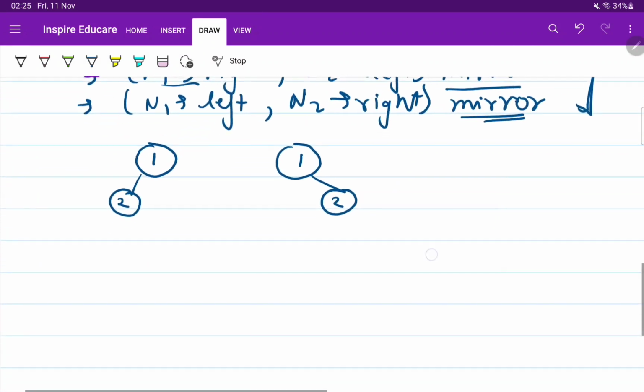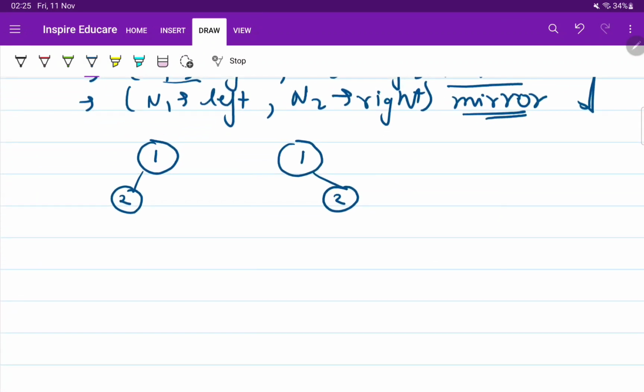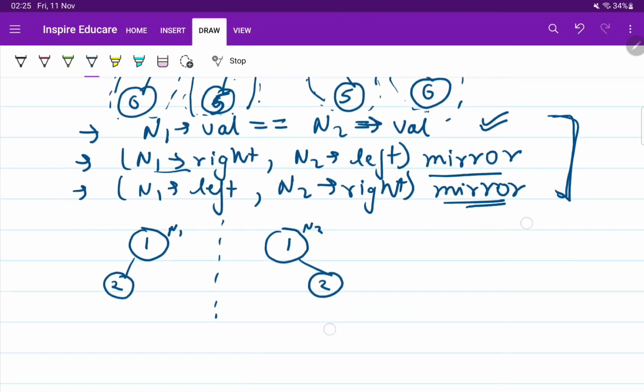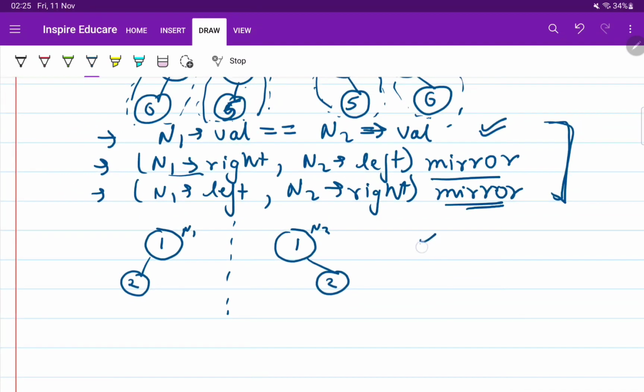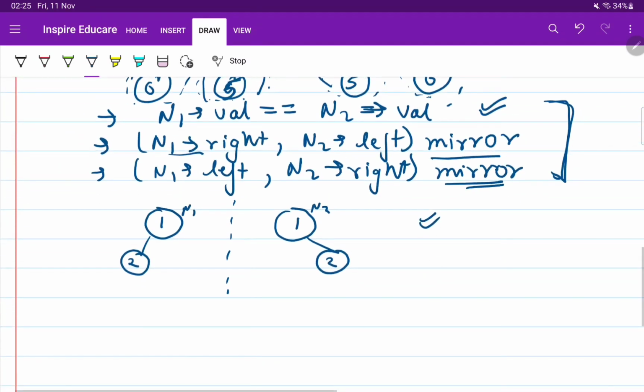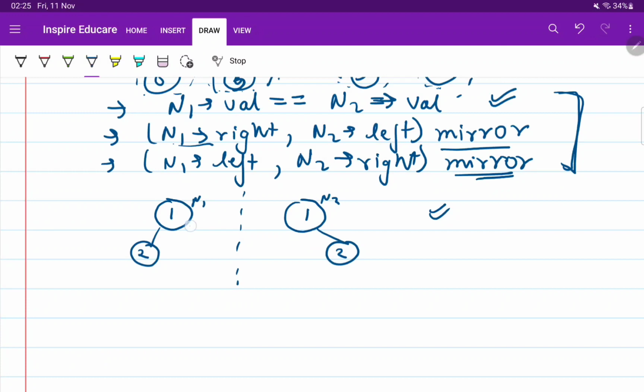So we have these two trees now, and we have to check whether they are mirror of each other or not. So first we'll check, like this is N1 and N2. So our first condition is value. Second condition is N1 of right and N2 of left. So you can see that when I go to N1 of right, I don't have anything. When I go to N2 of left, I don't have anything.